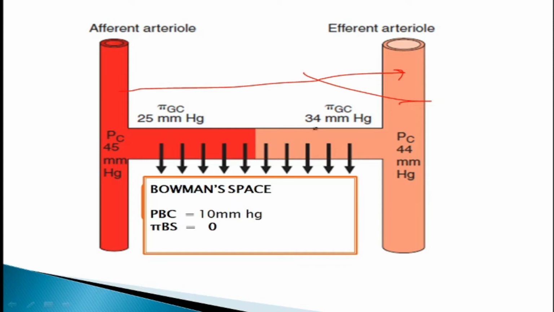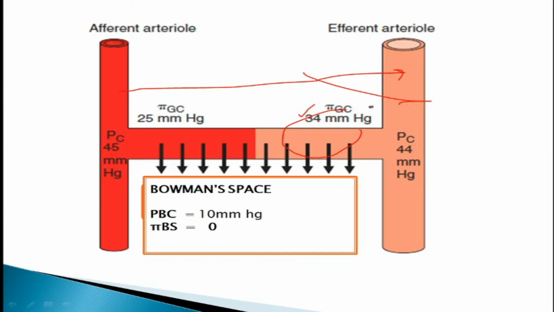This will result in an increase in the colloids towards the efferent end, and as a result the glomerular capillary colloid pressure will increase towards the efferent side, and it will be lesser on the afferent side. This is because the filtration of the fluid leads to the concentration of the plasma proteins increasing, and leading to an increase in the glomerular capillary colloid pressure.